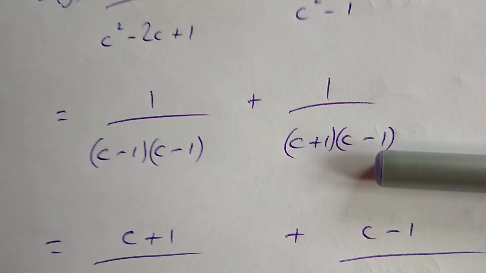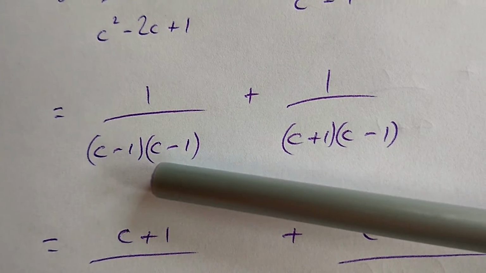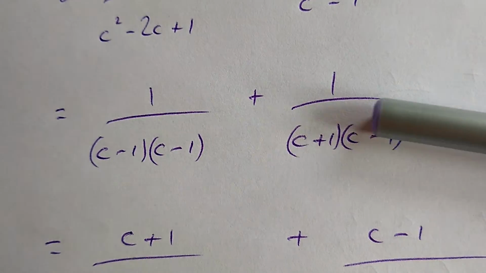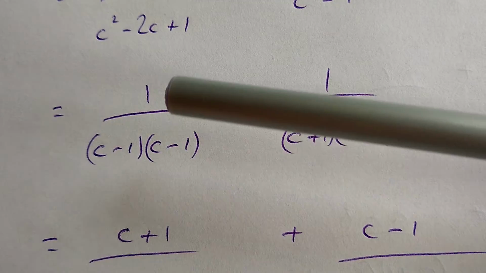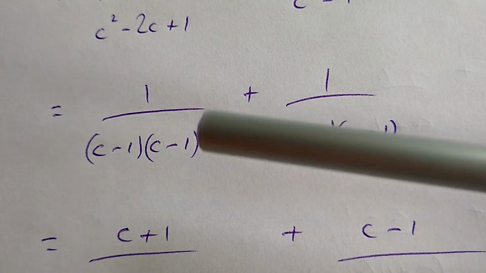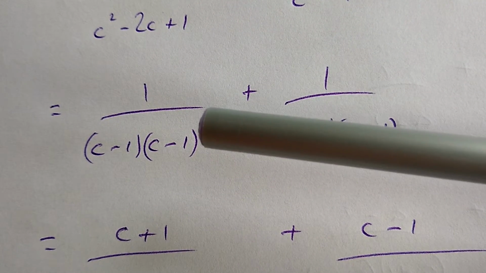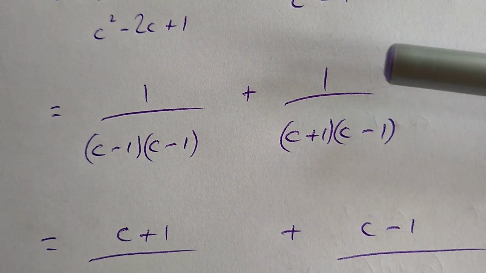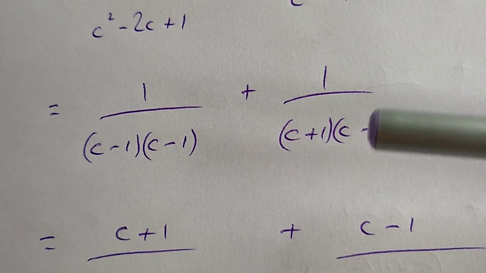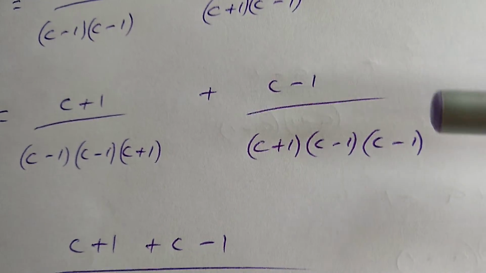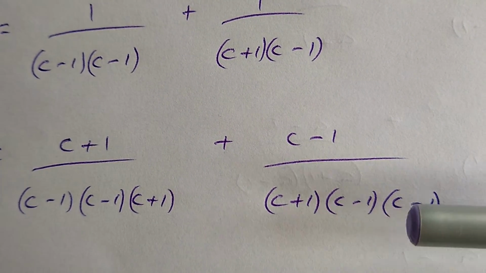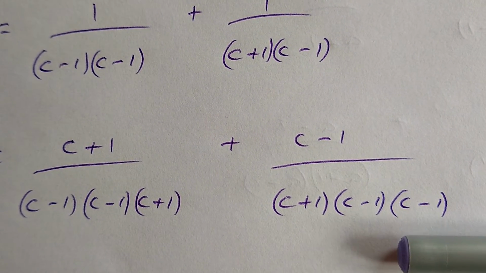Do I have it? No, I don't. But if I multiply the numerator and denominator of this fraction by c plus 1, and the numerator and denominator of this fraction by c minus 1, then I will have a common denominator.